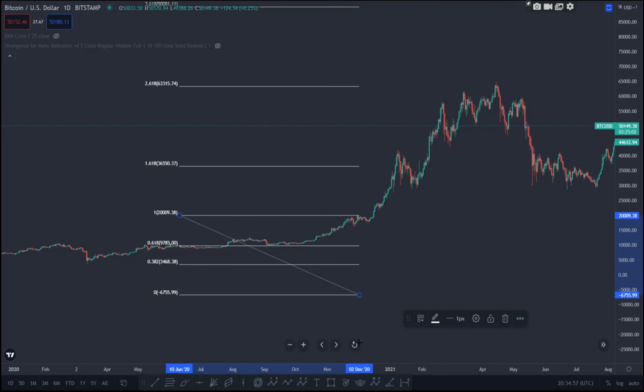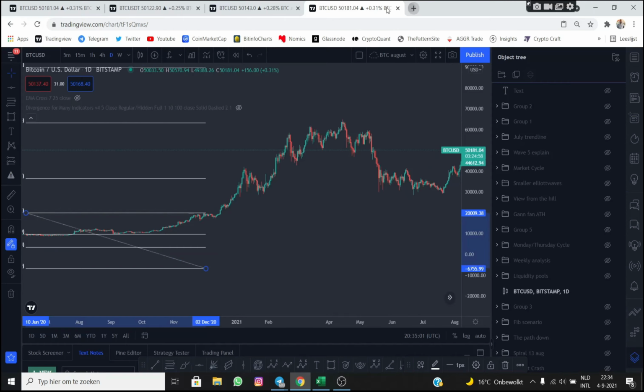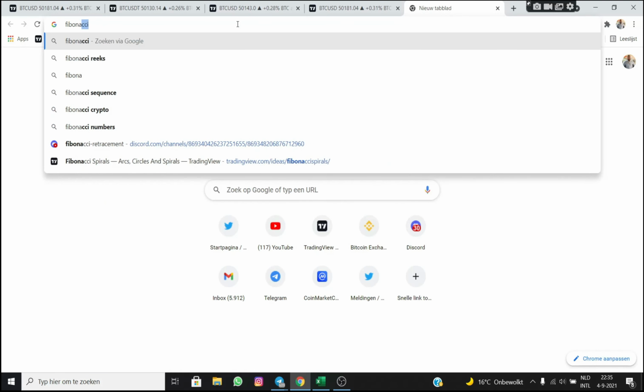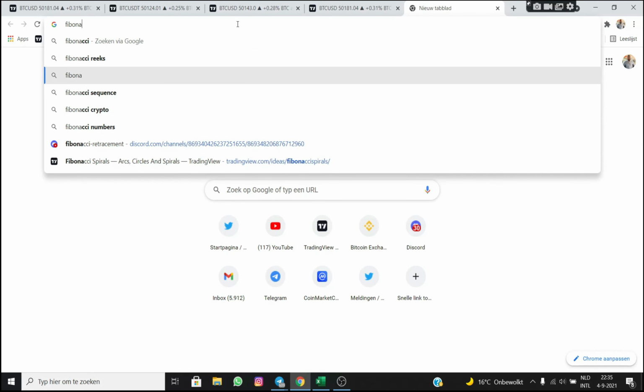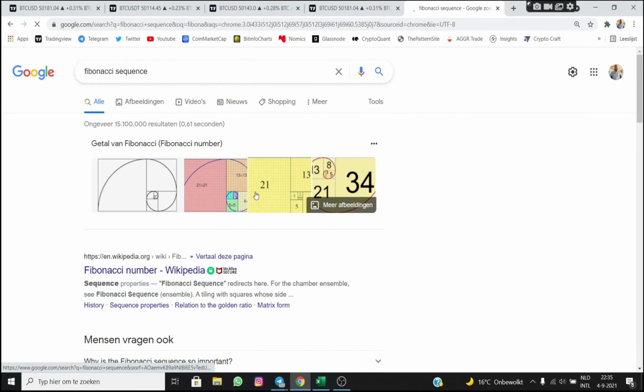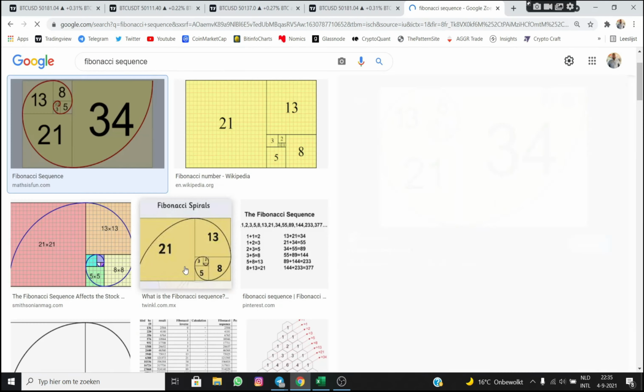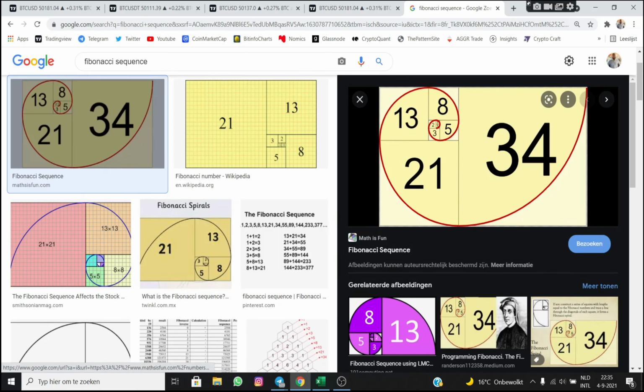To really explain this, let's just go on to YouTube and type in Fibonacci sequence, and you'll see what the Fibonacci sequence actually is. So this is the Fibonacci sequence.